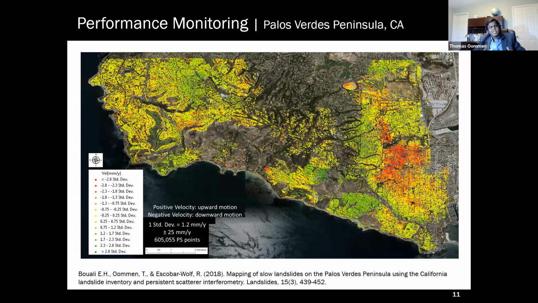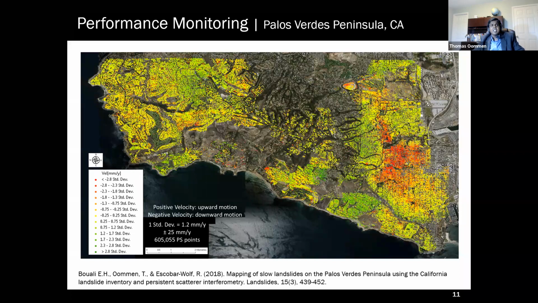So just imagine if you had to install 600,000 inclinometers in this kind of area and measure the ground movements, how much it would cost and how challenging logistically it would be to implement something like that.